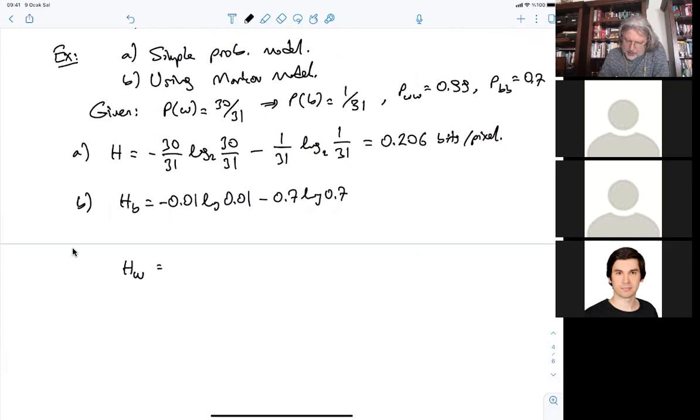white, which must be from black to white, the probability of black to white is 1 minus probability black to black, which is 0.3 minus 0.3 logarithm 0.3. And then I must have probability white to white, which is 0.99 logarithm 0.99.